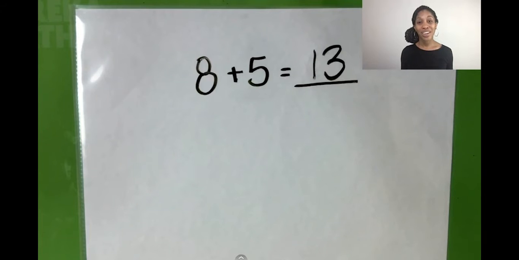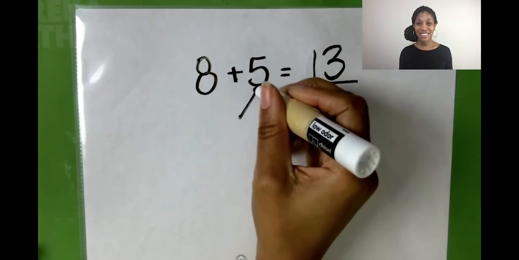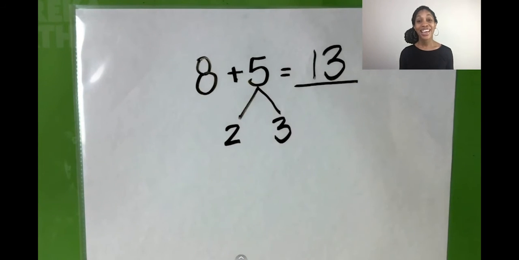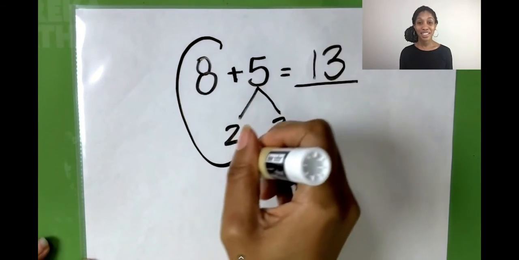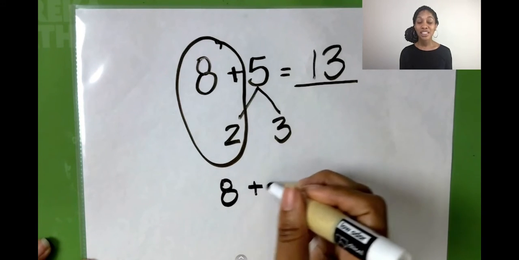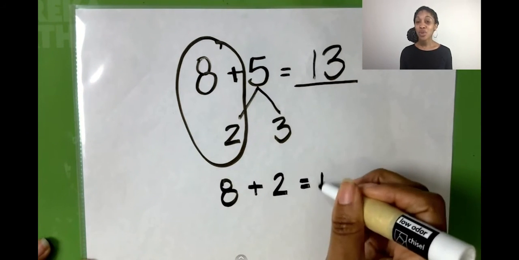How many more does 8 need to get to 10? That's right, we need 2 more. Let's break apart 5 into 2 and 3. Now, let's add our 2 to the 8. Our number sentence would be 8 plus 2 equals 10.